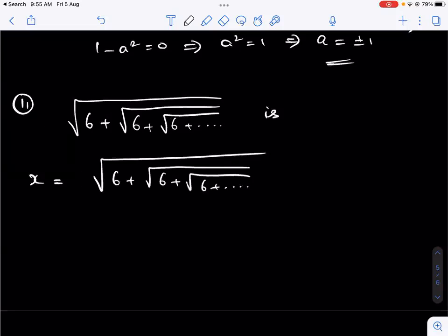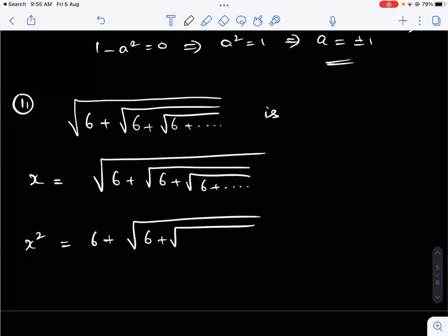If I square on both the sides, x square will be equal to 6 plus root of 6 plus root 6 plus root 6 plus so on.